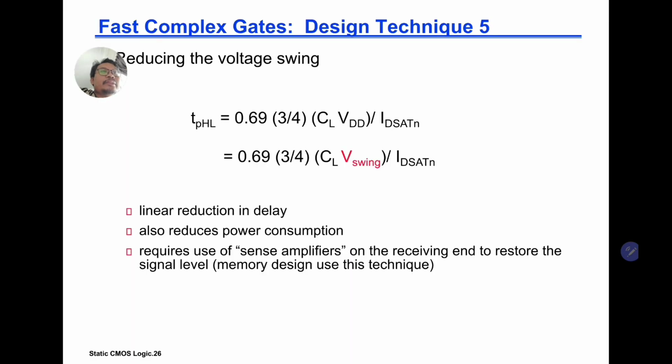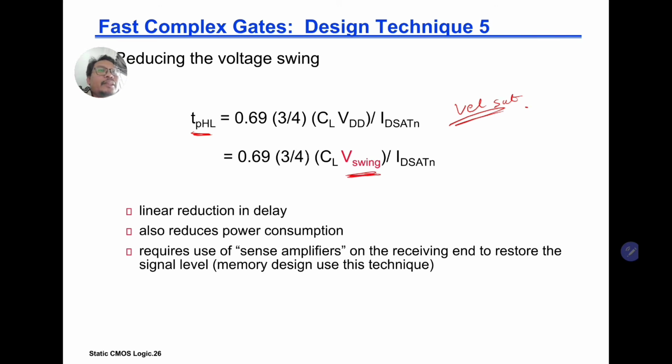And finally, I think the last one is reducing the voltage swing. If your tPHL is high to low, so discharging through the NMOS, and it's in velocity saturation, then you can actually reduce your VDD.